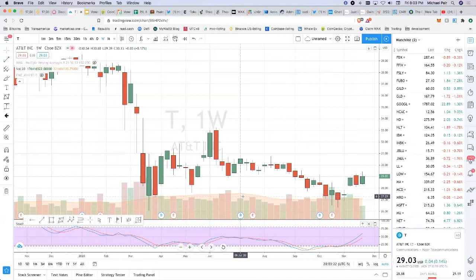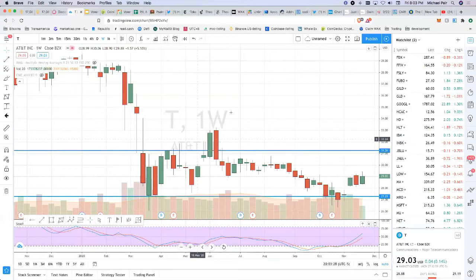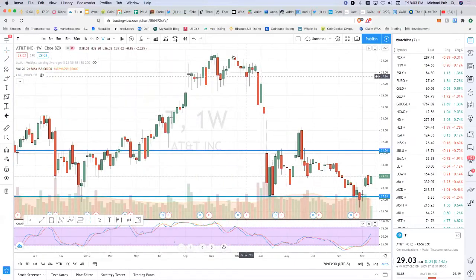Okay. So this AT&T chart here, if I just draw some support and resistance on it.